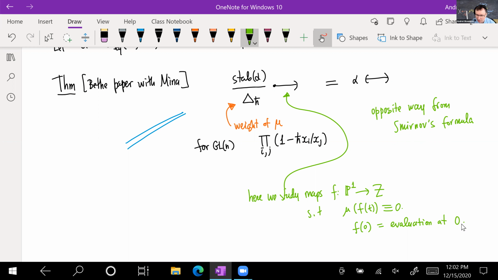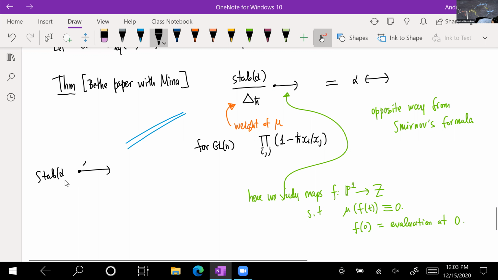It means we can put the prime here, so you take the stable envelope of alpha. And what does prime mean? Prime means that we take all derivatives, d^k/dt^k of mu of f of t.